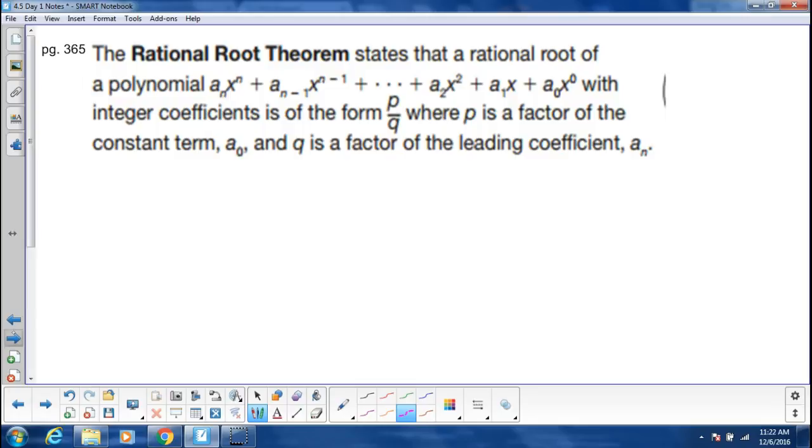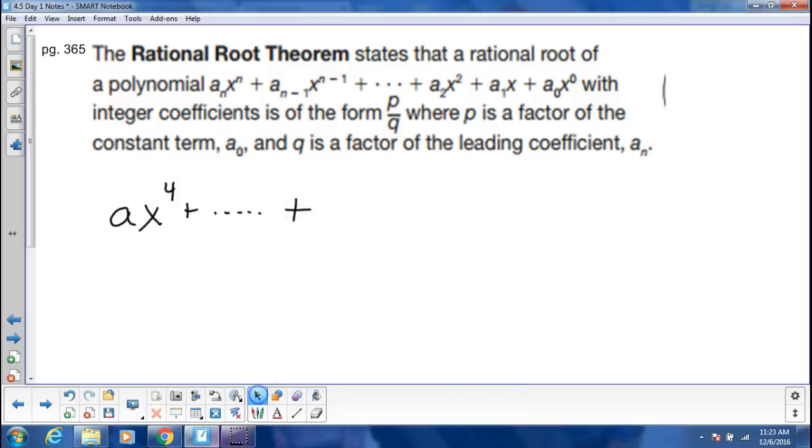Well, what it says is if we have some polynomial ax to the 4th, let's say, plus dot dot dot plus c all the way down at the end. Okay?